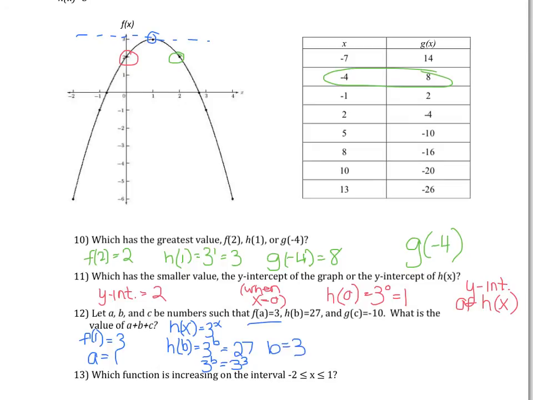Finally, g of c equals negative 10. That's when y is negative 10. So in my chart, I need to find when does g of x equal negative 10. And that's right here. So c is going to equal 5. So a plus b plus c is going to be 1 plus 3 plus 5, and that equals 9.